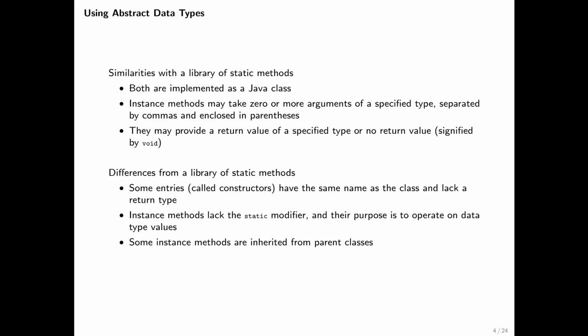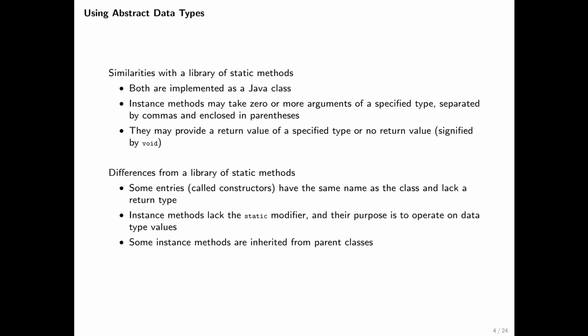When you look at the API for an ADT, if you see a method that has the same name as the class and does not have a return type, not even void, then you can tell that it is a constructor. Now, a library of static methods does not have a constructor. So in that sense, ADTs are different from a library of static methods.